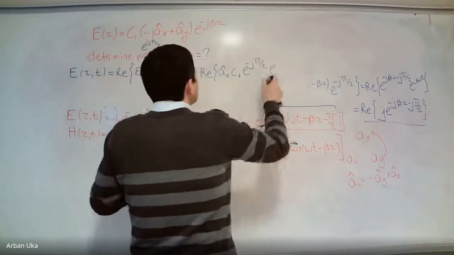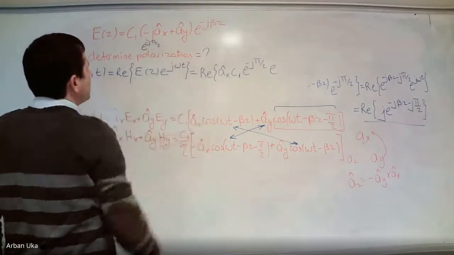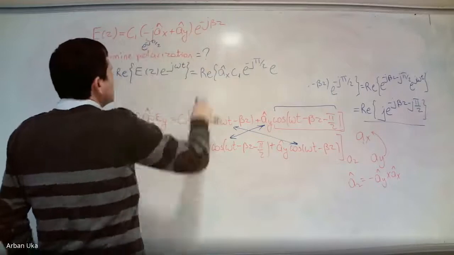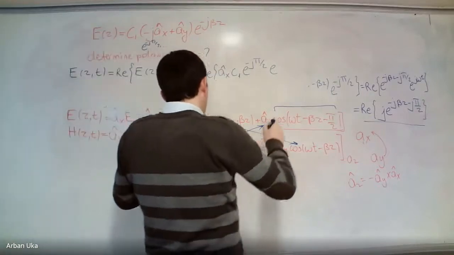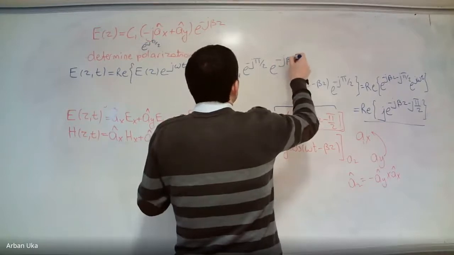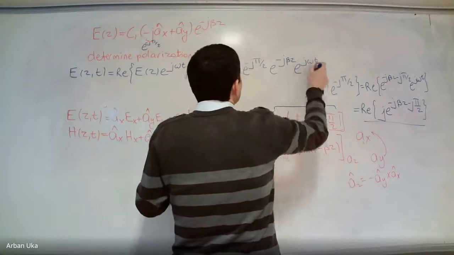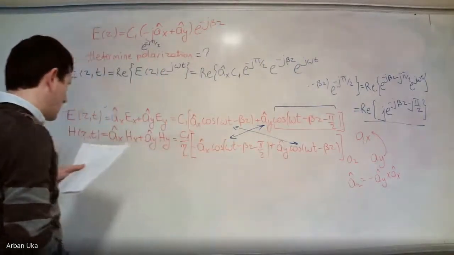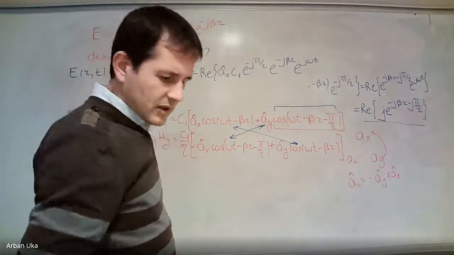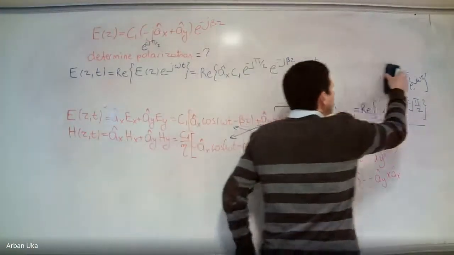We found this j here, so we entered it. We write a_x, C1 is here, j is here, then e to the power minus j beta z, and let's write separately e to the power j omega t. This is the new term that comes up. I can erase this part because we tried to denote this one before.